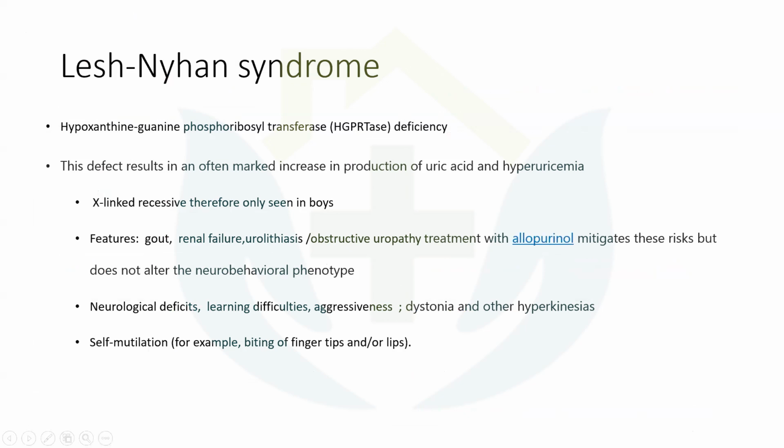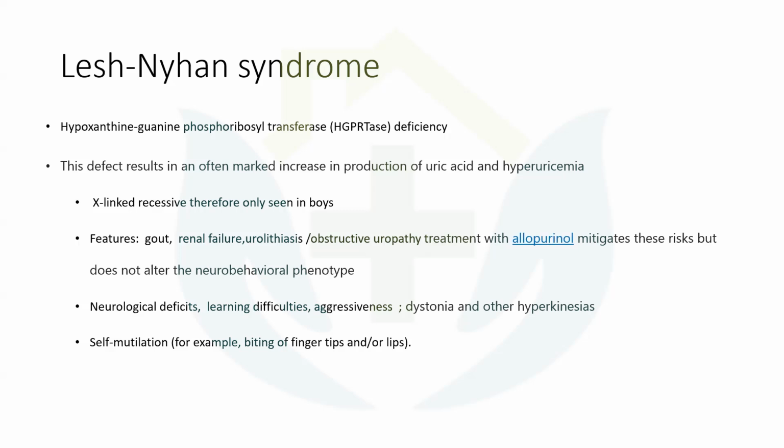Okay, so Lesch-Nyhan syndrome, as I already told, is an inborn error of enzyme deficiency. This is hypoxanthine-guanine phosphoribosyltransferase enzyme deficiency, in purine metabolism. So it causes increased uric acid production and hyperuricemia.